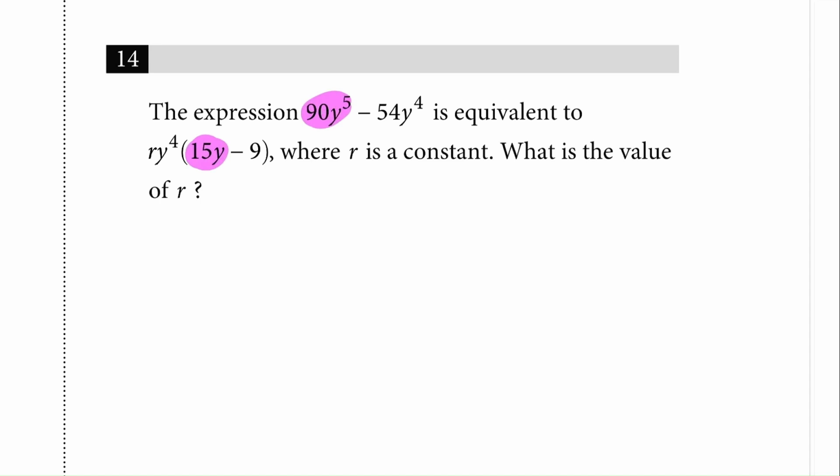What was factored out there? 90 divided by 15 is 6, and y to the fifth was there, and 4 y's got taken out. So that means r is going to be 6 here.